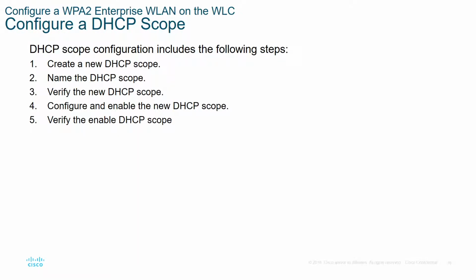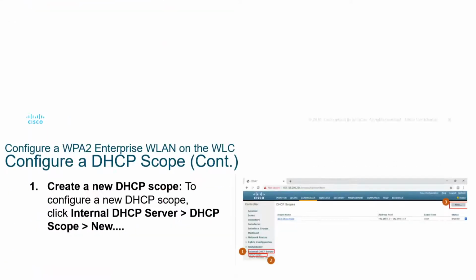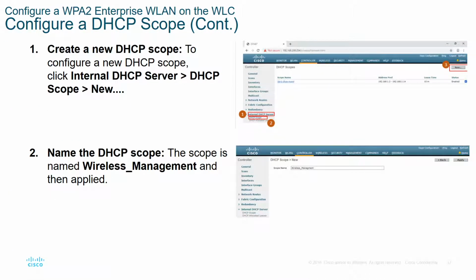Configure a DHCP scope. The DHCP scope configuration includes the following steps: create a new DHCP scope, name the DHCP scope, verify the new DHCP scope, configure and enable the new DHCP scope, and then verify the enabled DHCP scope. Create a new DHCP scope.